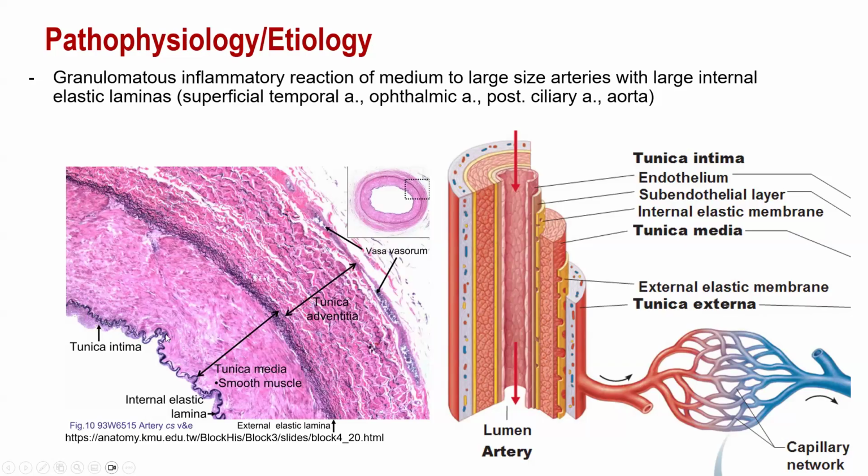You can see it very well on this section because they're using a specific elastin stain. And this is the area where inflammation seems to be focused in giant cell arteritis.